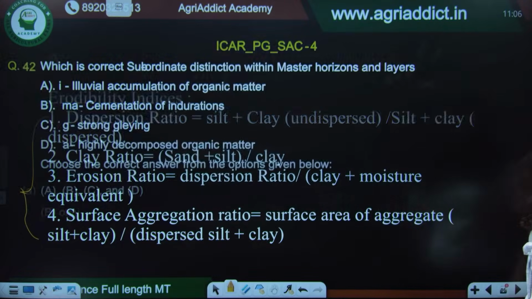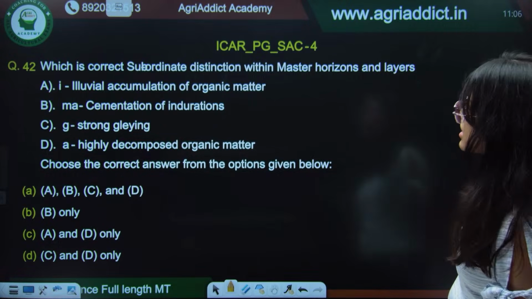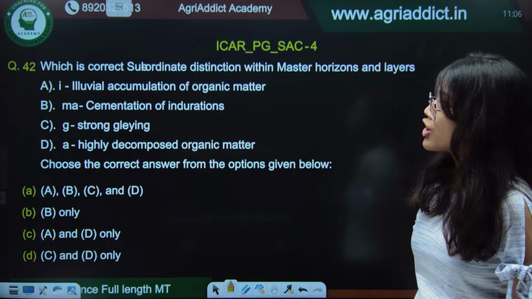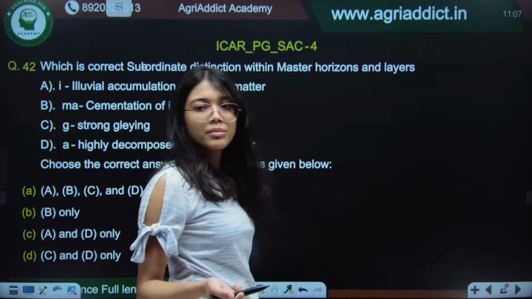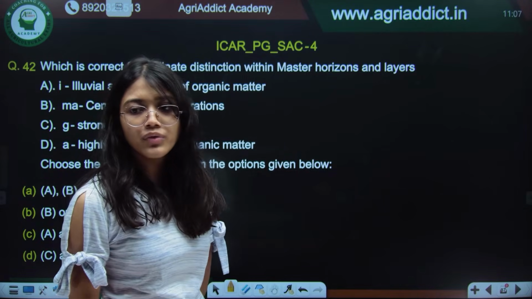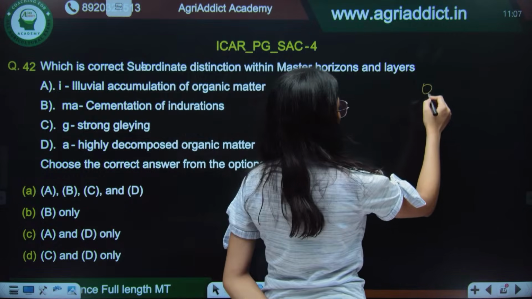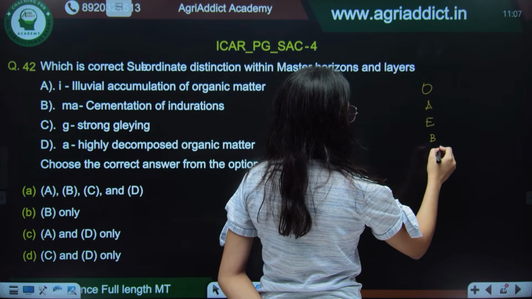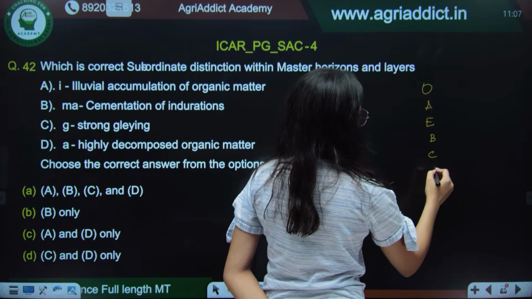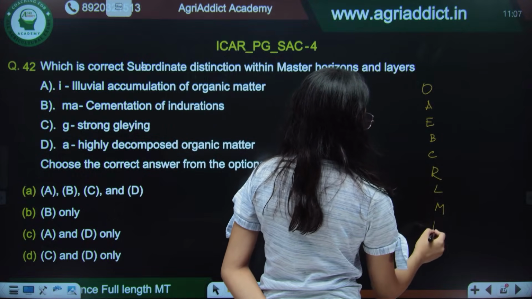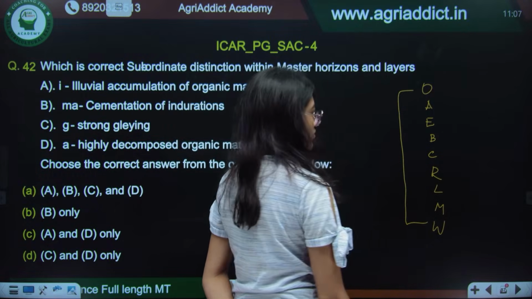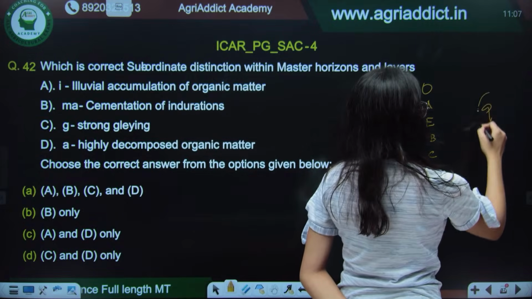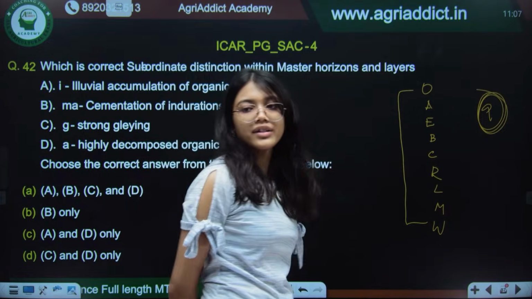Okay, now coming to the next question, which is the correct subordinate distinction within master horizons and layers? So we know that we have how many master horizons? Can you guys comment? So we generally have 9 different kinds of horizons.